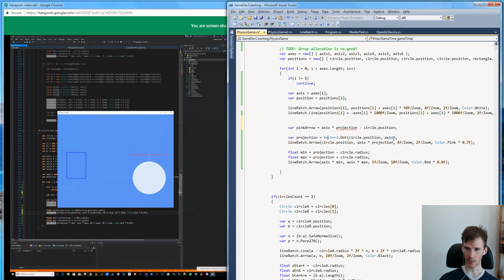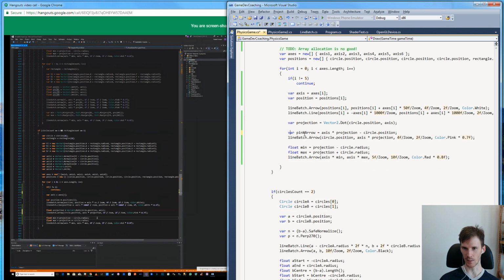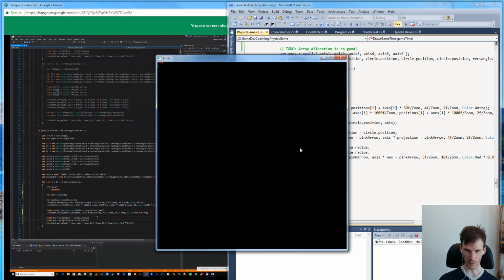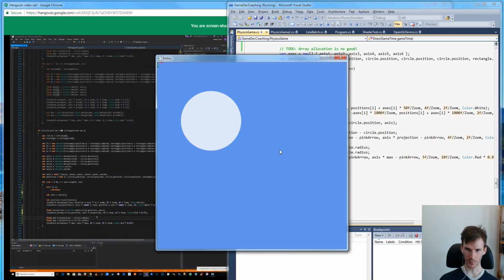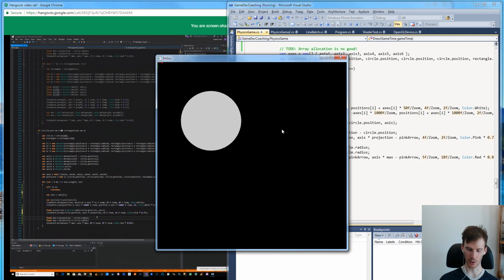That makes sense. So what happens then? If we subtract pink arrow from everything, yes, that's actually correct. Except this one, because we do want to show where our.